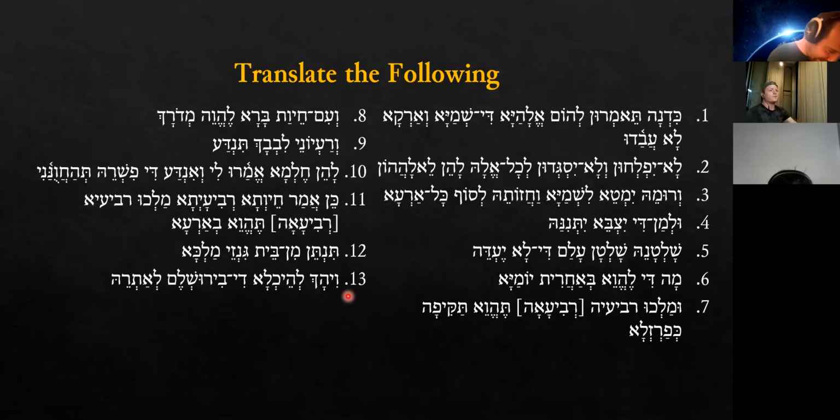Number 13. V'hach lehechla di Yerushalem la'atre. So this is, and he will walk, or go. Is this a locative lamed, towards the king?